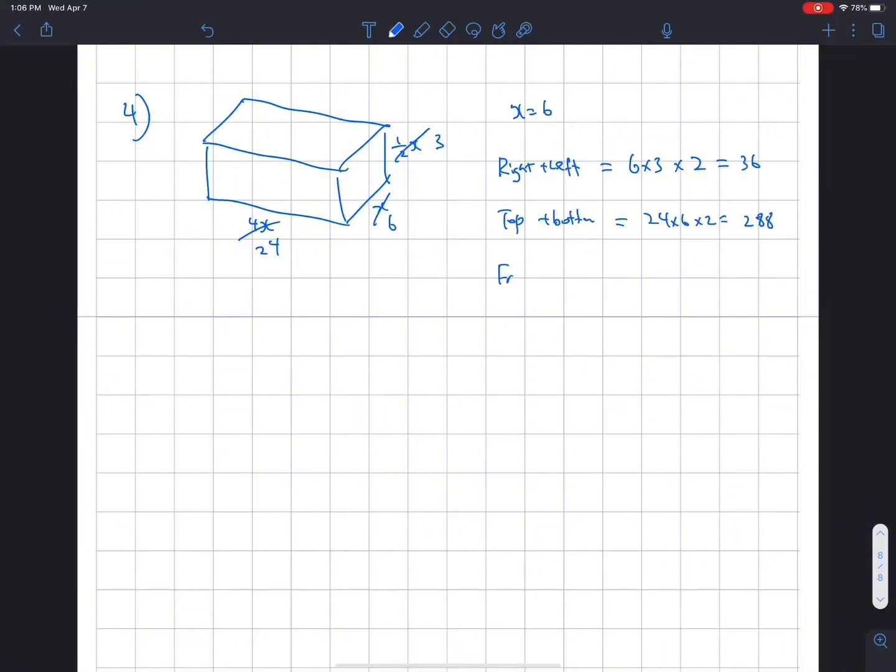And then front and back is 24 times 3 is the front piece, and then times 2. We get 144. So the total surface area is 36 plus 288 plus 144. And the answer is 468 centimeters squared.